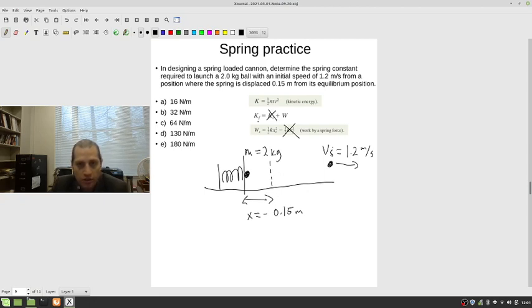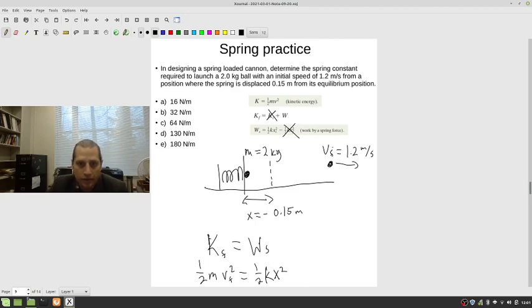So I'm essentially going to say my final kinetic energy of the ball equals the work that's going to be done on it by the spring. So that's 1/2 m v final squared equals 1/2 k x squared.